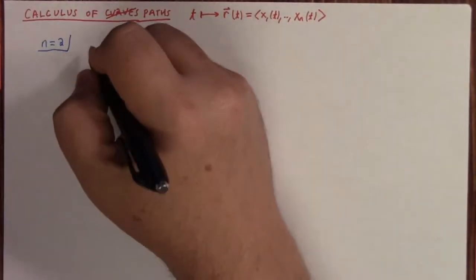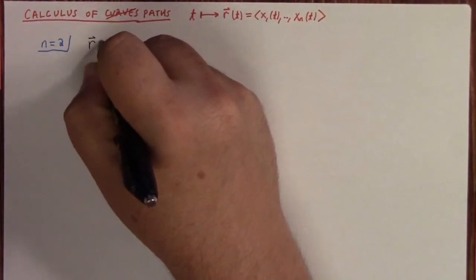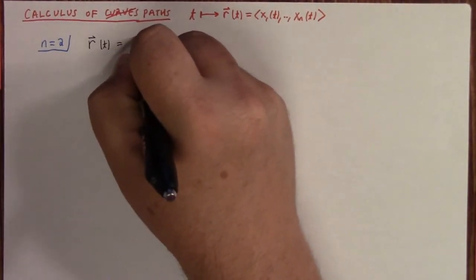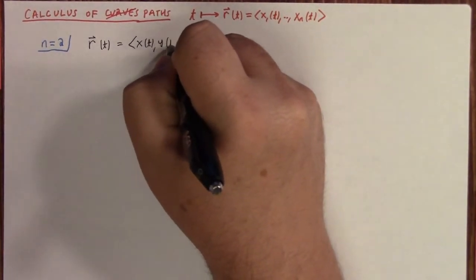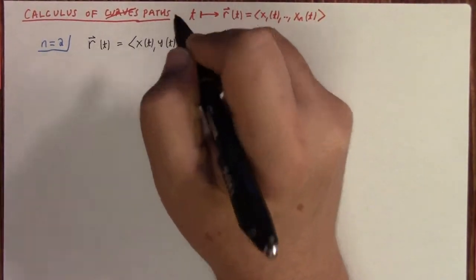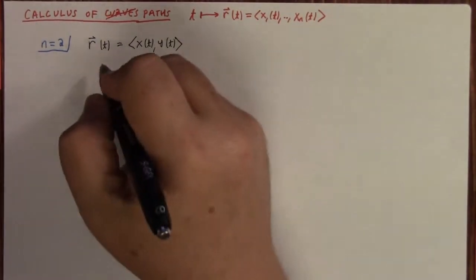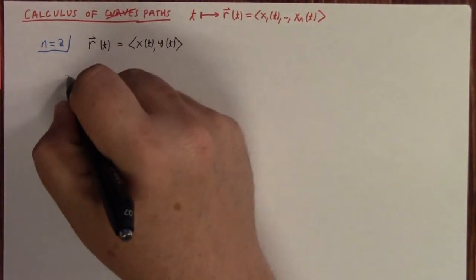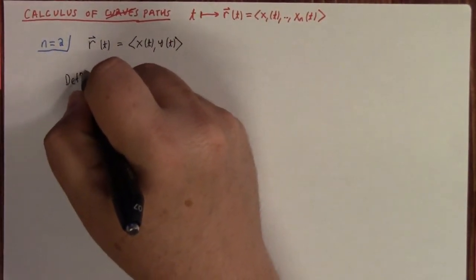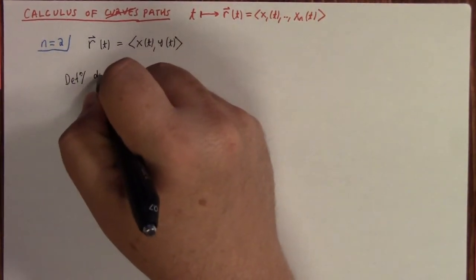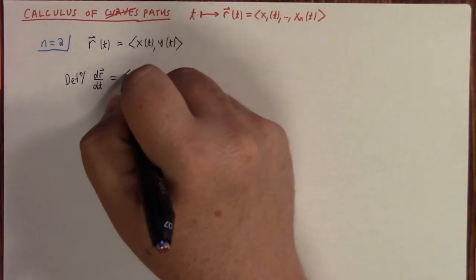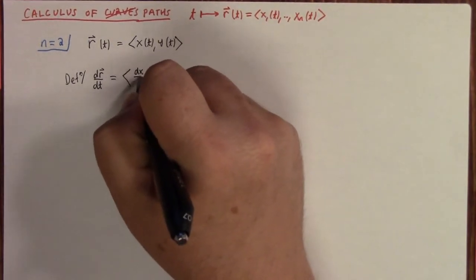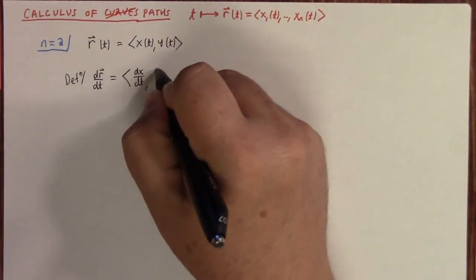So, I'm supposing we have a path where x is a function of time, y is a function of time, like that. That's our path. And so, essentially, well, some folks are more fussy than others, but I'll give you this as a definition. dr dt is just equal to dx dt, dy dt.